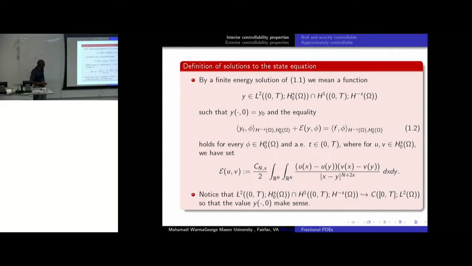Of course, the epsilon of u, v is exactly the energy form that we saw yesterday. Lions' results say that the space where we have the finite energy solution embeds continuously in the space of continuous functions on 0, T, so saying that y of 0 is y0 really makes sense because our solution is a continuous function.